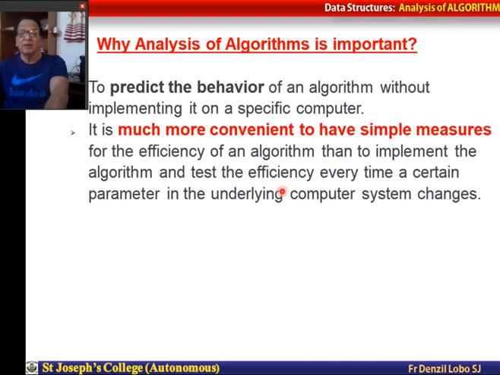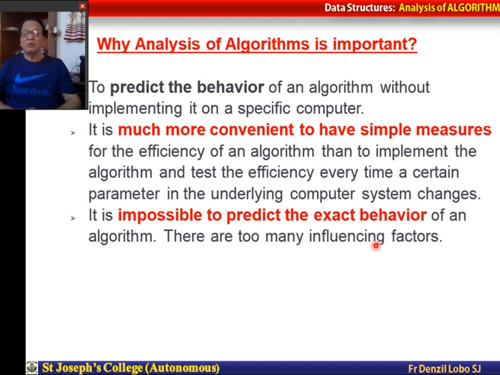It is much more convenient to have simple measures for the efficiency of an algorithm than to implement the algorithm and test the efficiency. Therefore, analysis will help us even before implementing, whether the algorithm is good enough or bad enough, when we study the best and the worst cases or the average cases. Of course, in the analysis, we cannot predict the exact behavior of an algorithm because there are too many influencing factors.